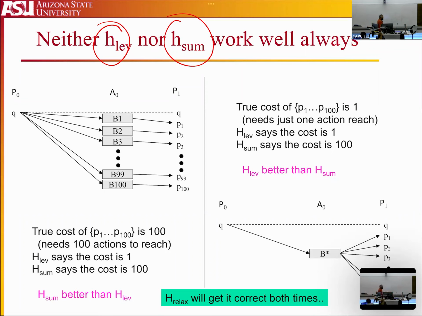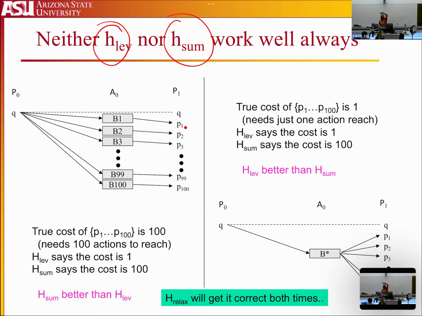Okay. So, for example, in this particular case, imagine that every action gives a different literal. B1 gives P1, B2 gives P2, etc. B100 gives P100.